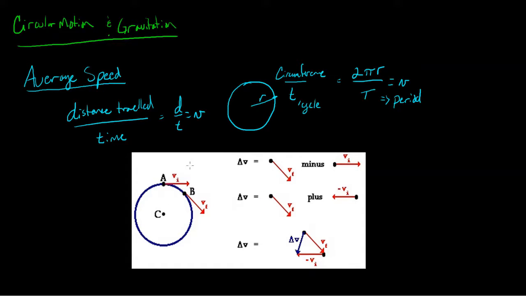All right, so let's say we're starting here at point A, and we have this initial velocity pointing in that direction. So that'll be our v_i, our initial velocity, and then we travel to point B, and as we travel to point B, if we're traveling in a circle, then our direction has changed, because at that particular moment, we're traveling that way.